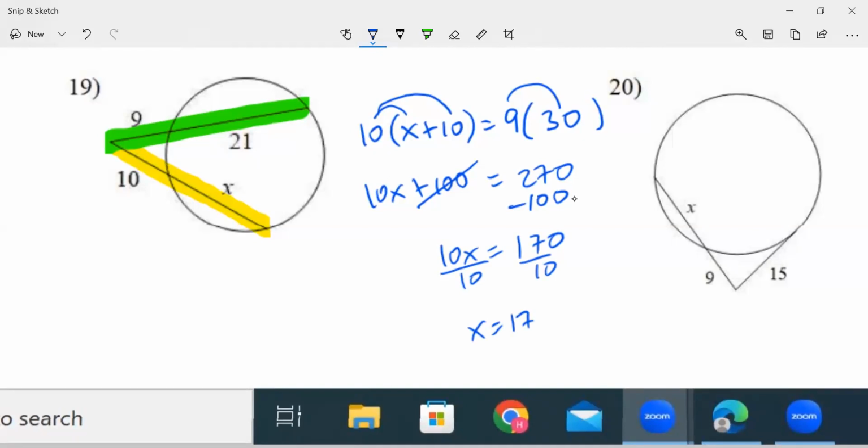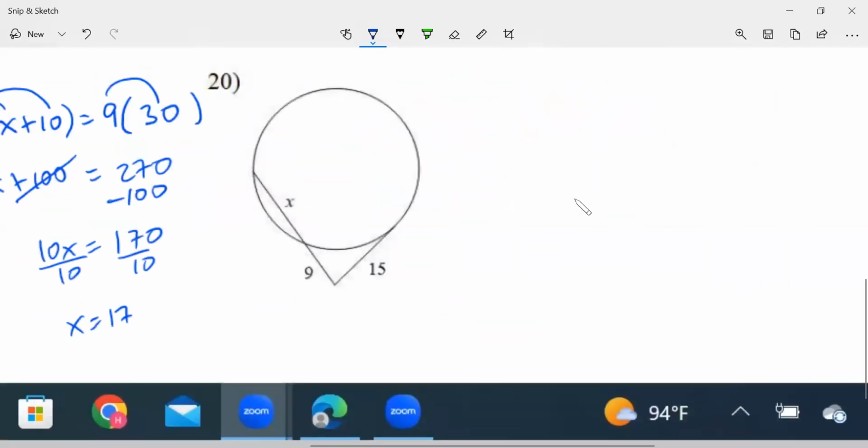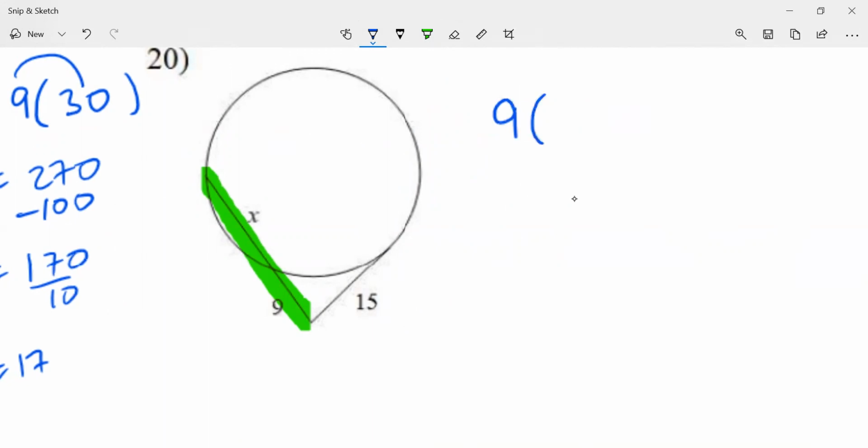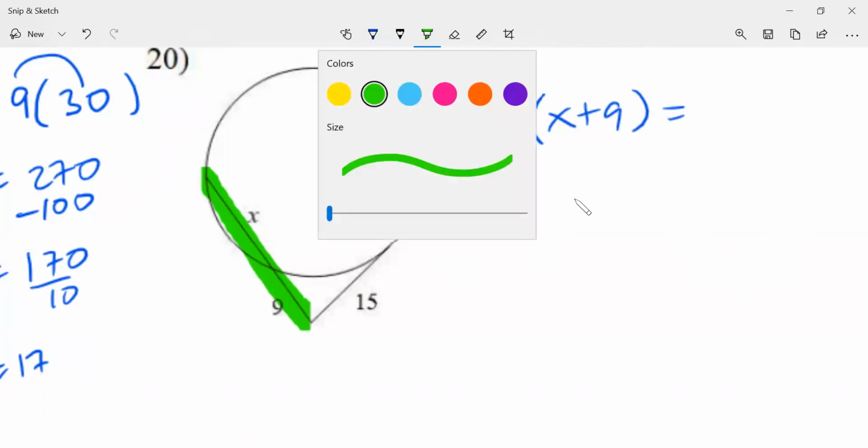Good. Let's take a look at number 20. We focus on this segment first. It doesn't matter which one you look at first. Outside of the circle is 9. And I'm going to multiply this by the whole segment, x plus 9. Now let me take a look at the other segment.